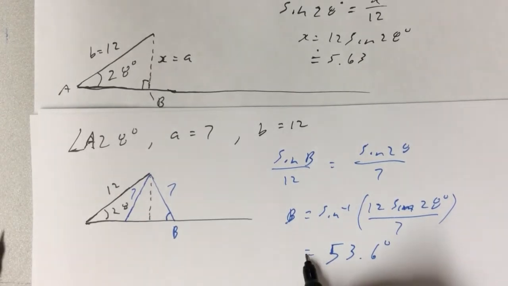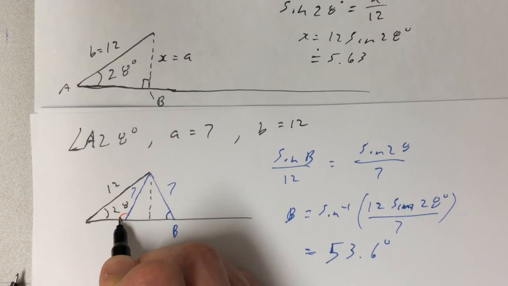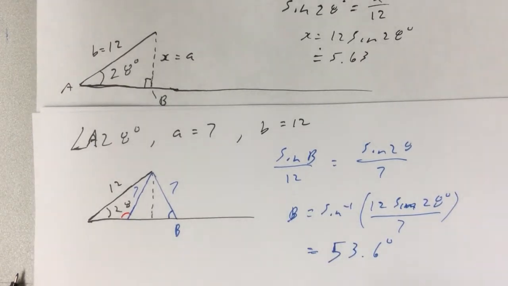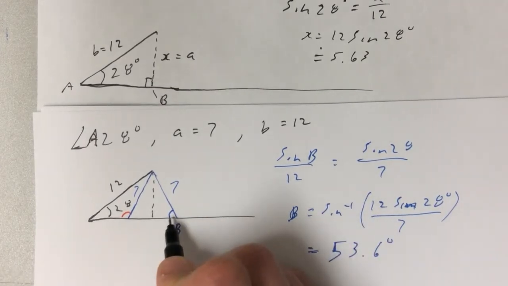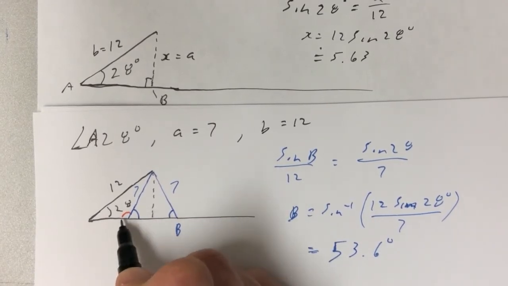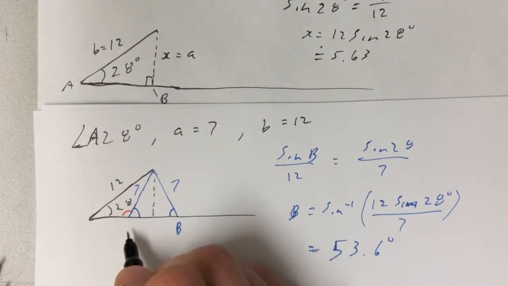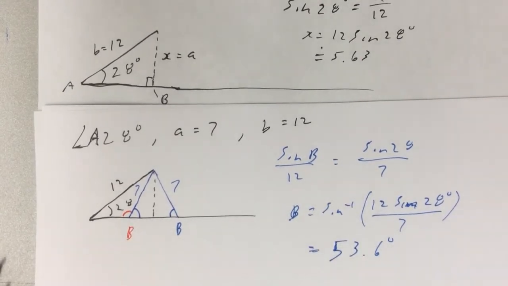Now, your calculator won't give you this other angle over here because it's greater than 90. So what you have to do is recognize that this angle B here is the same as this, and the total of these angles here add up to 180. All right? So I'm going to call this B as well.